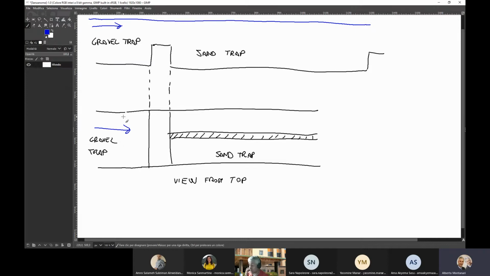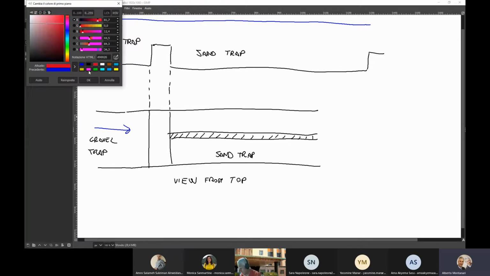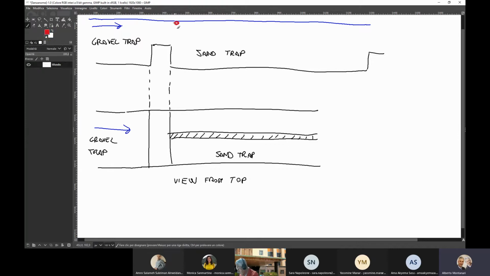Let's suppose that we have a particle of sediment here, and the length of the sand trap should be enough to allow the particle to settle down. This is the trajectory.